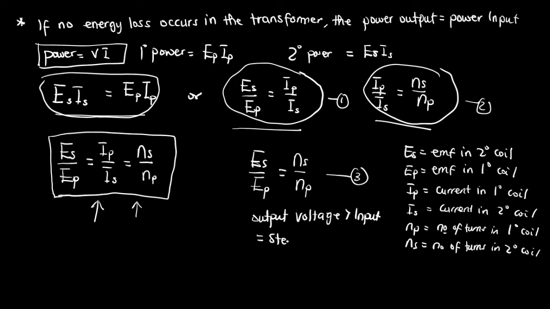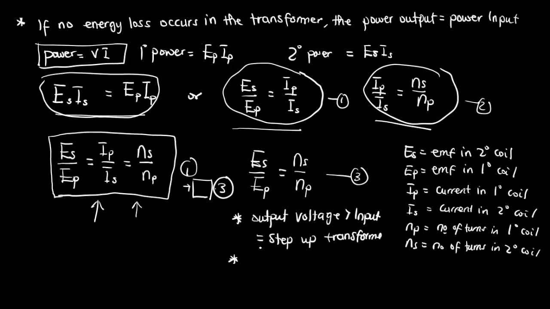It's like you have a device, you give it one apple and it produces, let's say, three apples. It has increased the number of apples that you have. So if the output, in this case the voltage output, is more than the input, then we say it is a step up transformer.